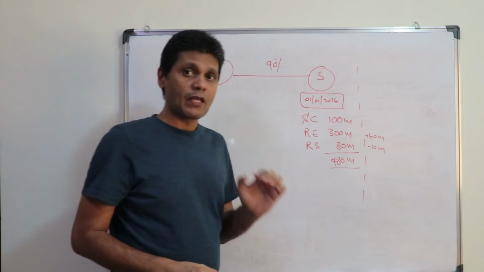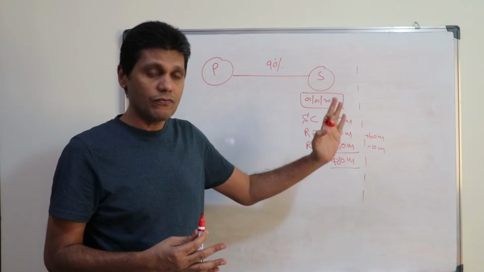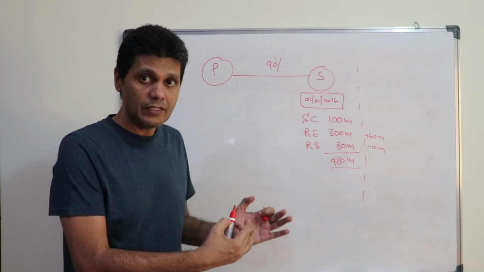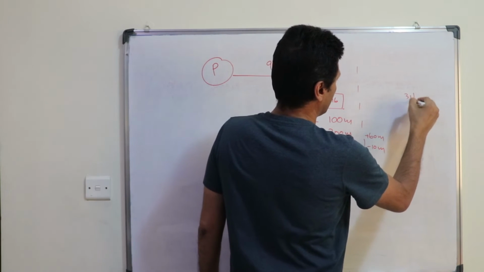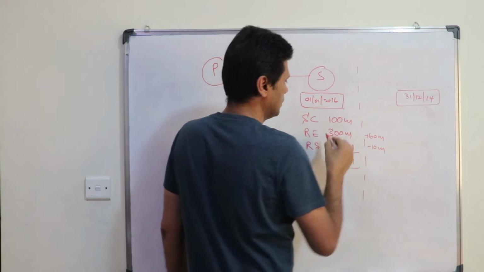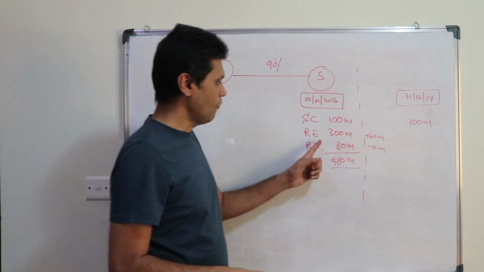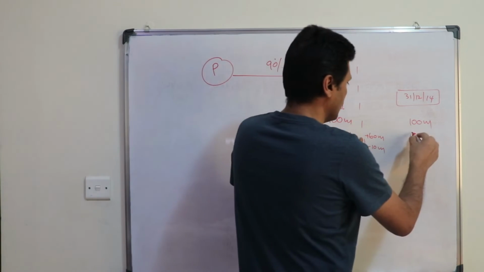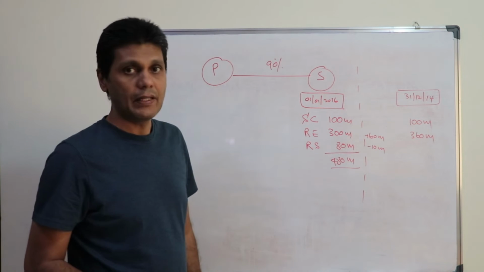So if you take a snapshot of the financial position at the reporting date, which is 31st December 2016, what will be the financial position? Share capital remains the same, 100 million. However, the retained earnings increased by 60 million. So therefore, the total retained earnings will be 360 million.